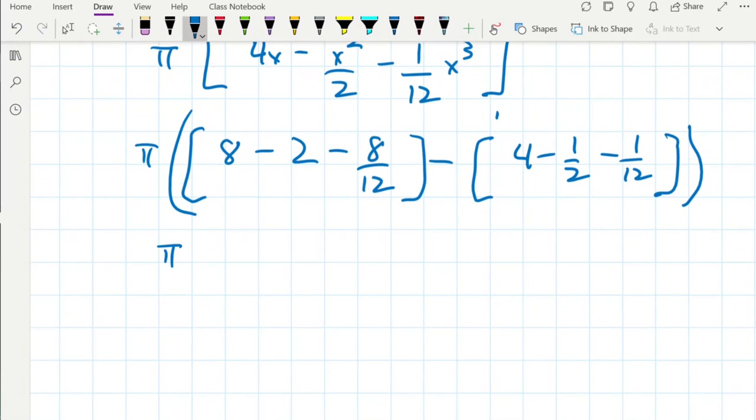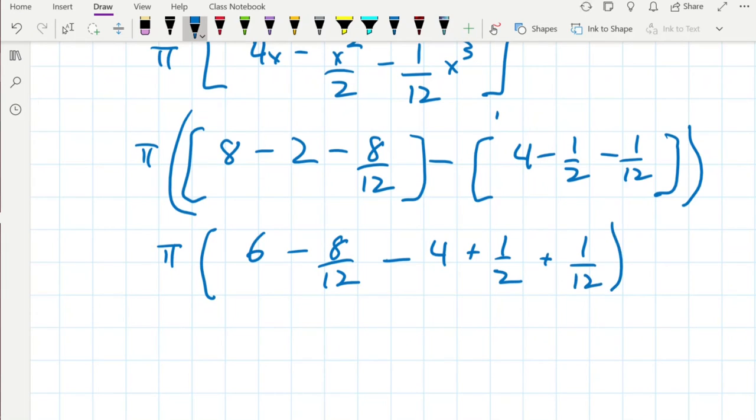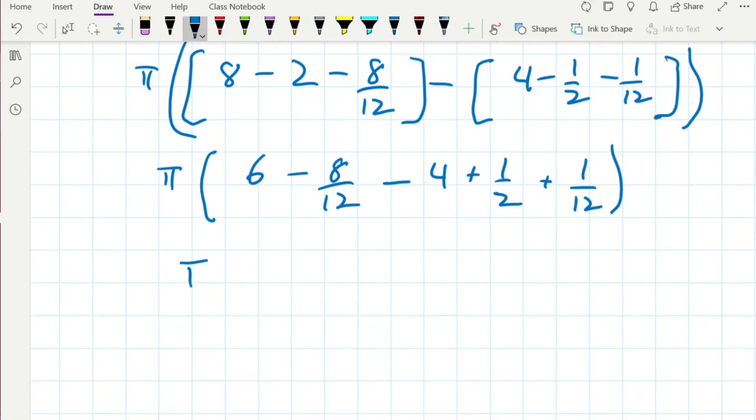So then we're going to get pi. 8 minus 2 is going to equal 6 minus 8 over 12 minus 4 plus 1/2 plus 1 over 12. So we're going to get pi 2 minus 7 over 12 plus 1/2.